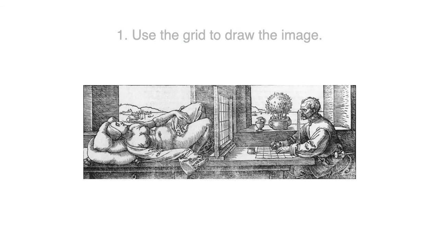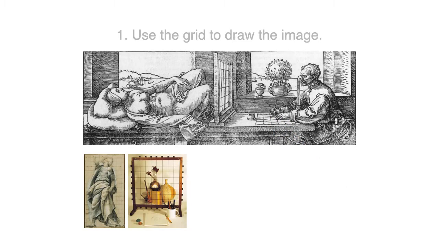Grids have been used forever by artists to get a better representation of reality. Here's an etching of an artist doing a drawing of a model. This post keeps his eye in one spot. He views the model through a wire grid and draws on a gridded piece of paper or parchment.